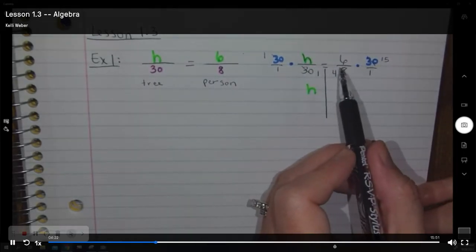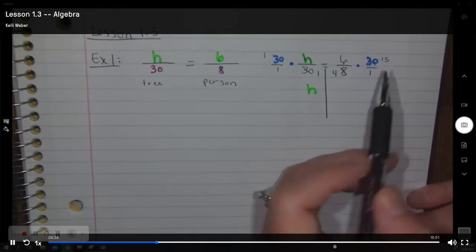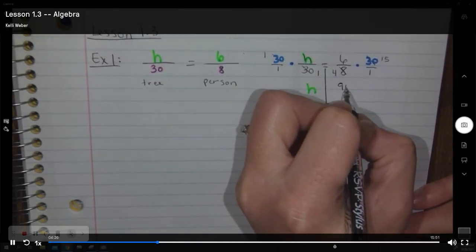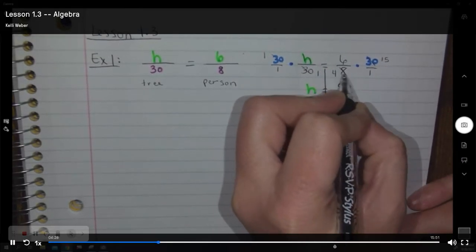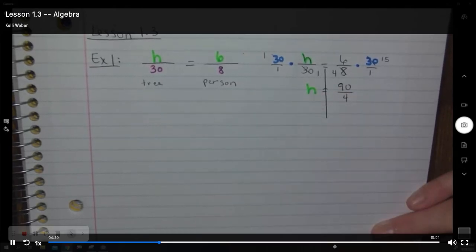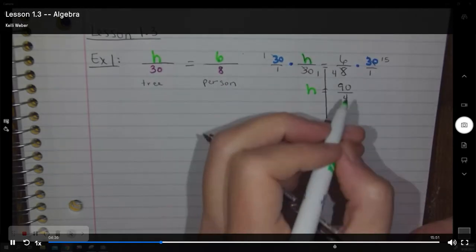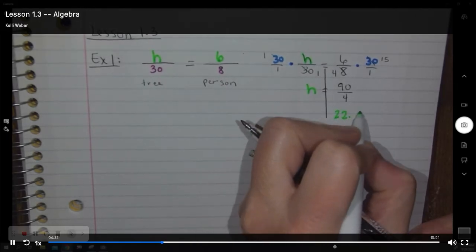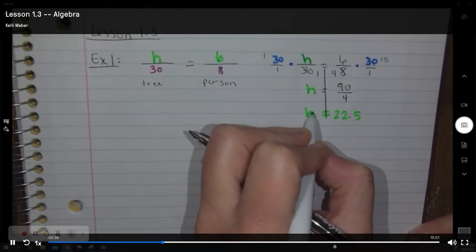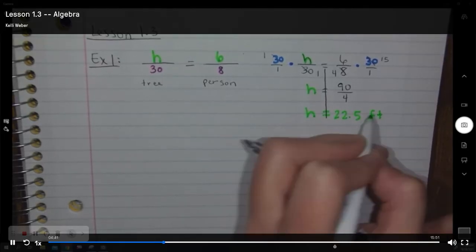So then we're going to multiply straight across. So 6 times 15 is 90. 4 times 1 is 4. 90 divided by 4 is 22.5. So the height of the tree is 22.5 feet.